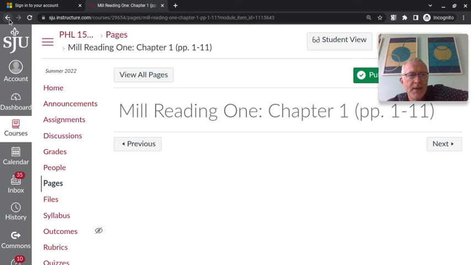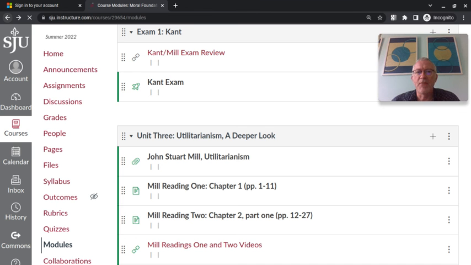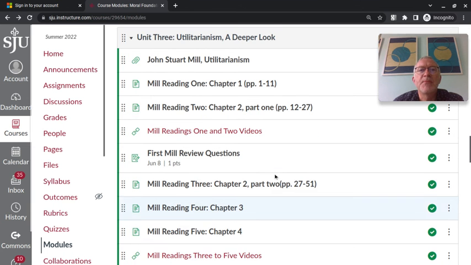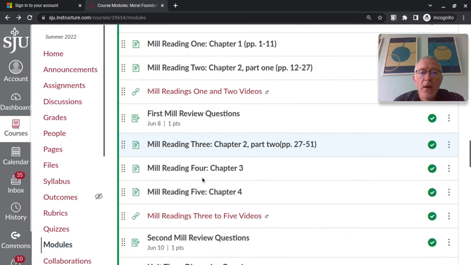So the reading is the PDF of the scan of the whole book, which is in the first link, and then I've just broken it up into specific readings. Readings 1 and 2 are basically chapter 1, and then the first part of chapter 2, and then we have videos and review questions, and again, it's all here in the first link.